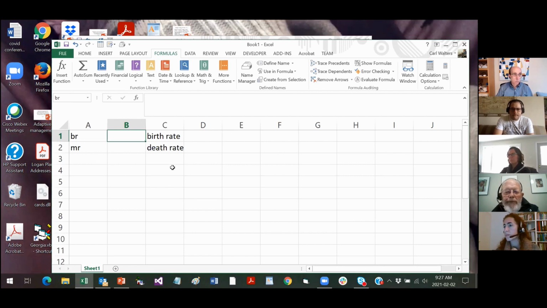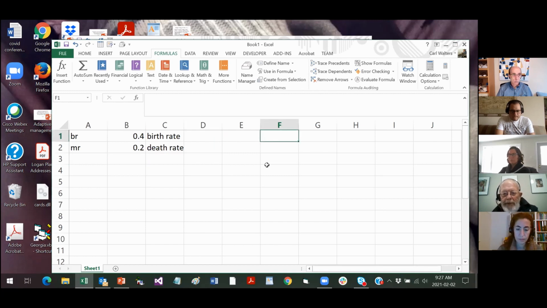And I can refer to, in my calculations and equations, BR instead of always having to refer to cell B1. This makes it much, much easier to build models when you name parameters this way. So I'm going to put a value in there of 0.4. This is just for a population model. And for the MR, the next cell, I'm going to put in 0.2 for the death rate.